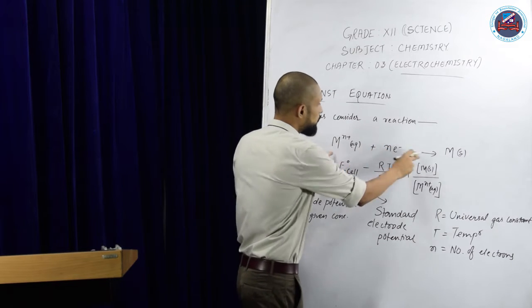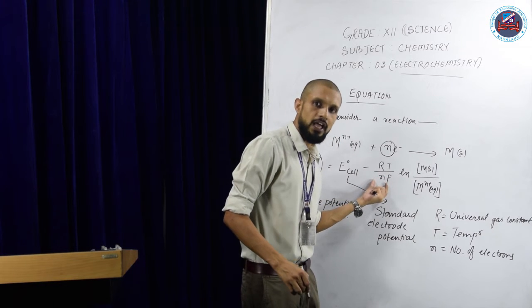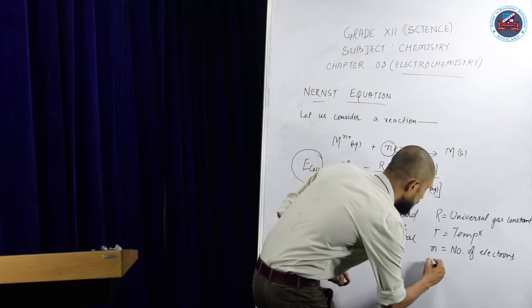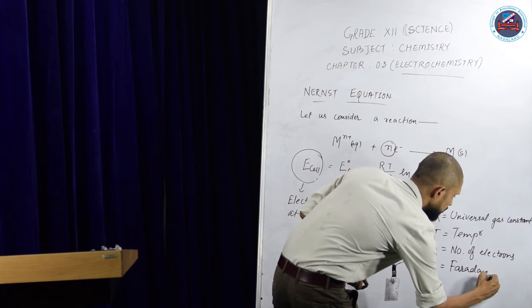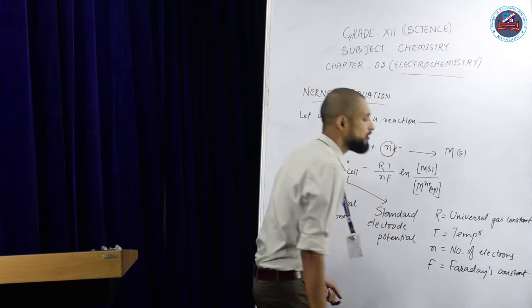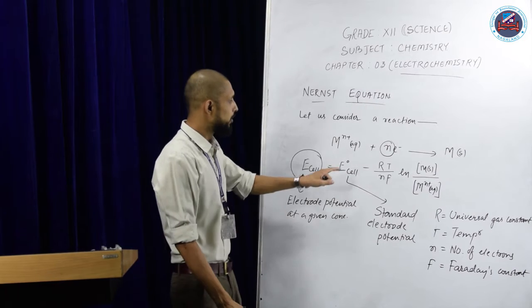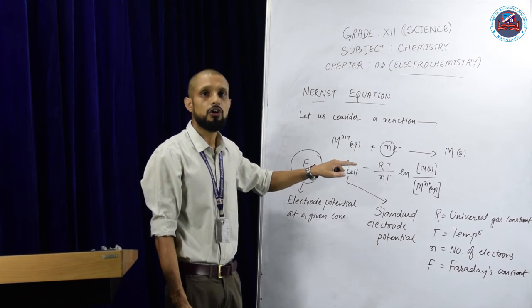So you can see here for this reaction you have n number of electrons, that's why we'll write n here. F is Faraday's constant. So this is how we write the Nernst equation. And here E naught cell is equal to E naught cathode minus E naught anode.